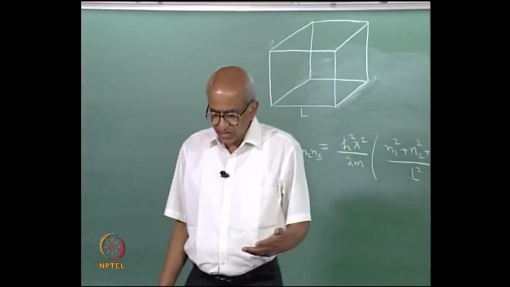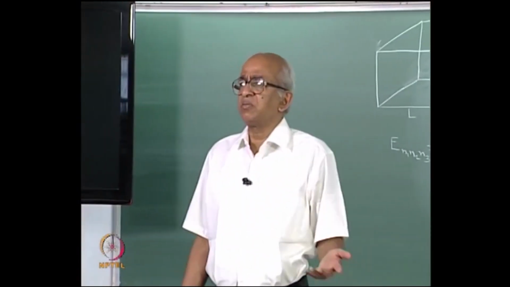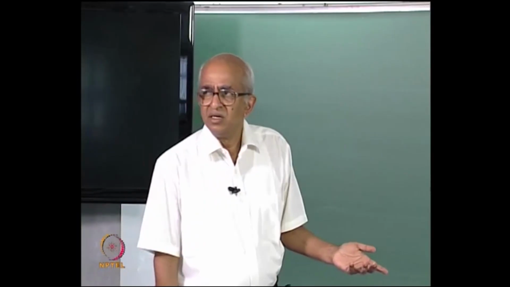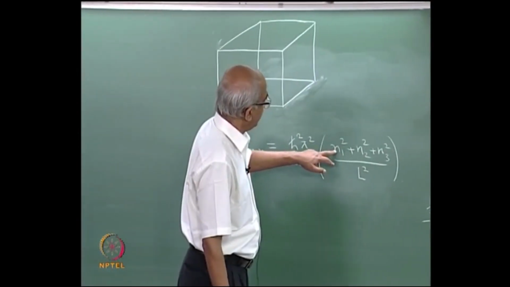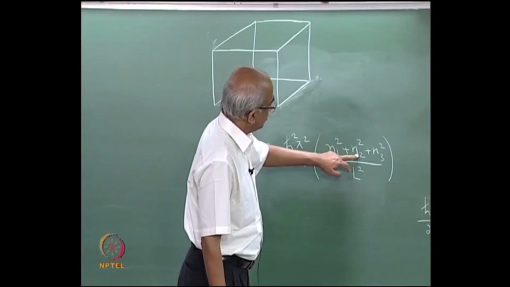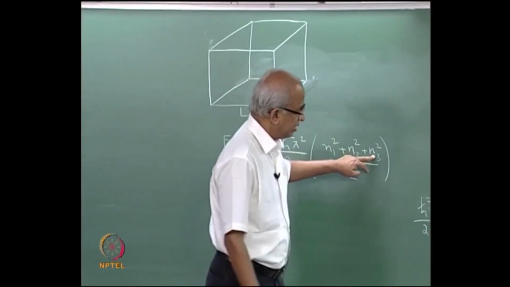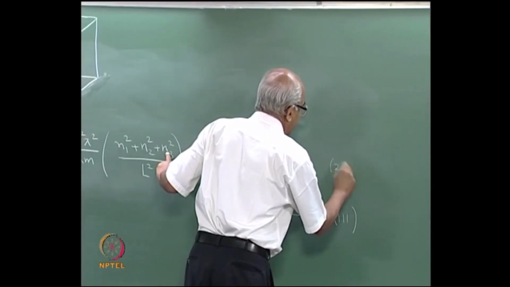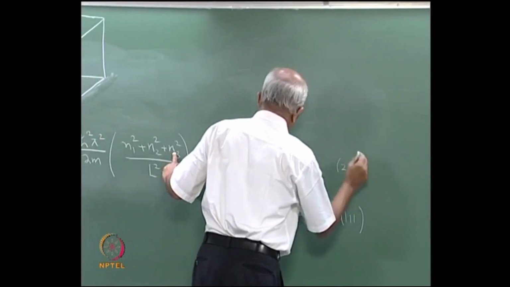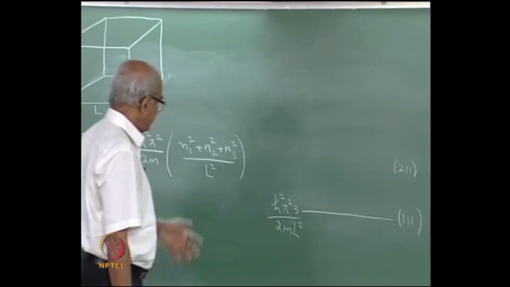And then one can ask what will be the energy of the next possible state. To get that, you will have to put N1 equal to 2, N2 equal to 1, N3 equal to 1. So, such a state I will write as 2, 1, 1, and the energy of that can be easily calculated.